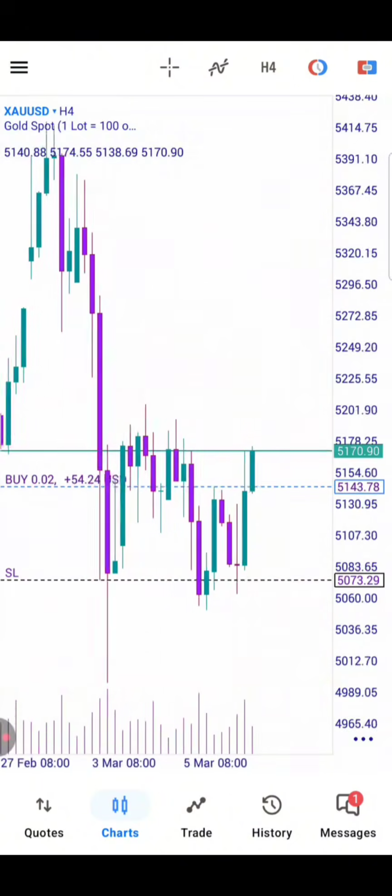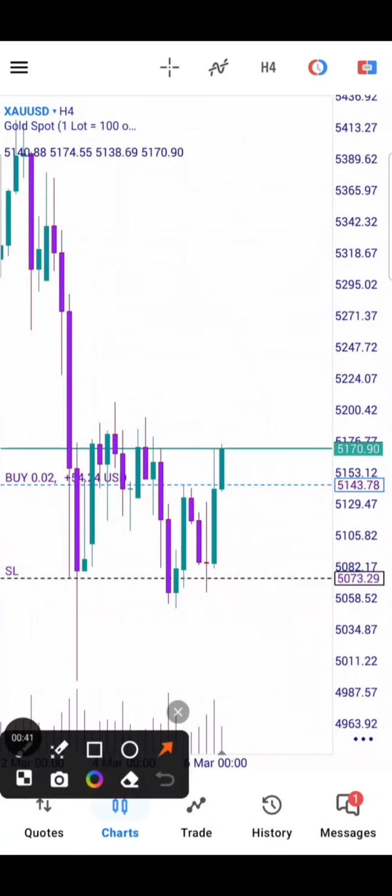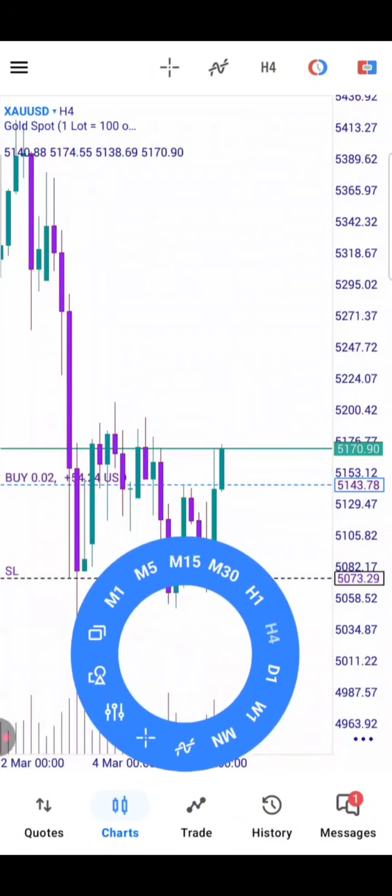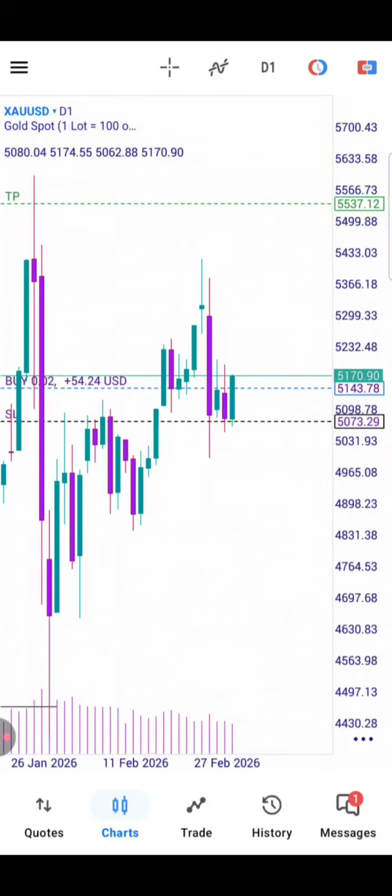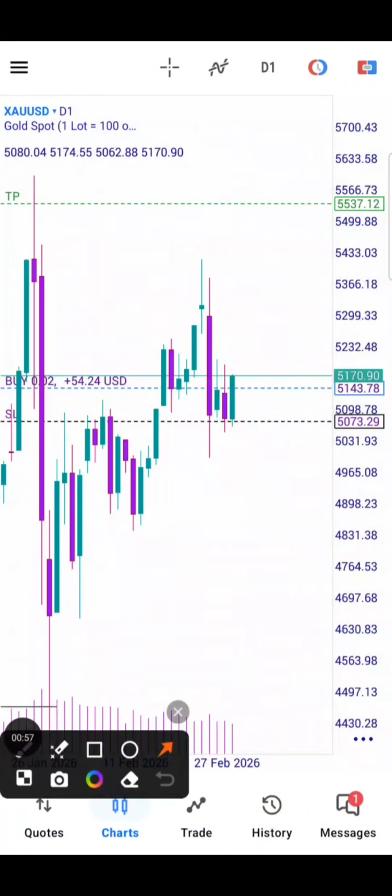Now, just before the market opens, I want you to pay attention to the actual entry here, and then get to the daily time frame, because we just saw that on the 4 hour. On the daily time frame, you will always see how to make an entry to buy as a swing trader.